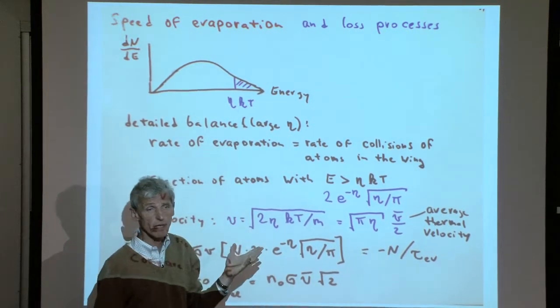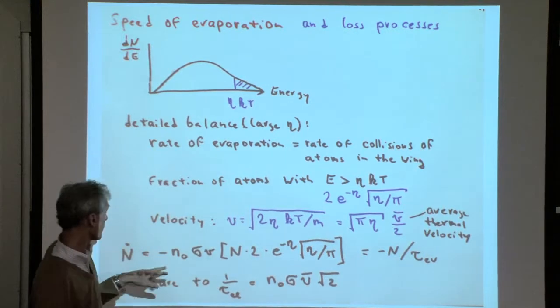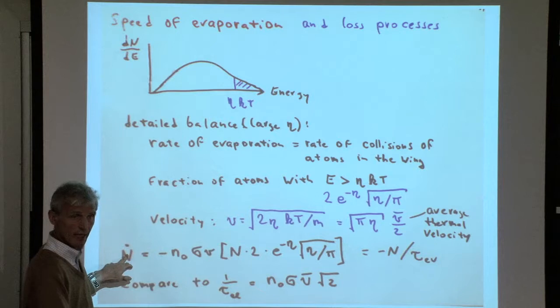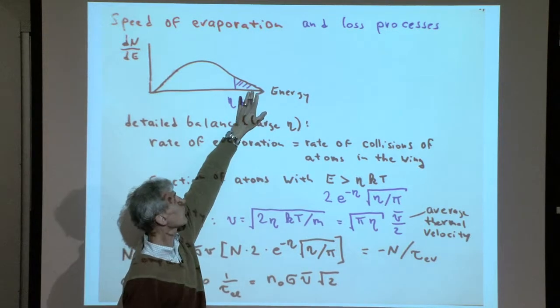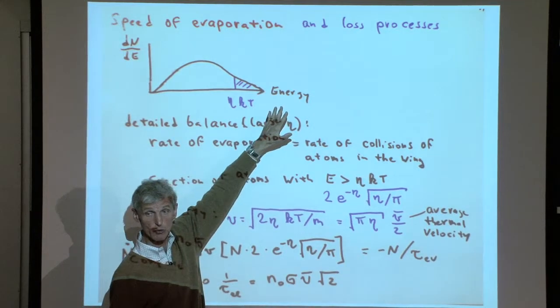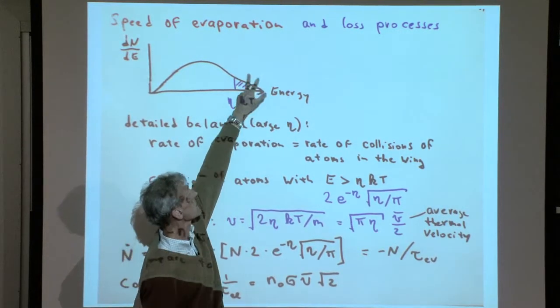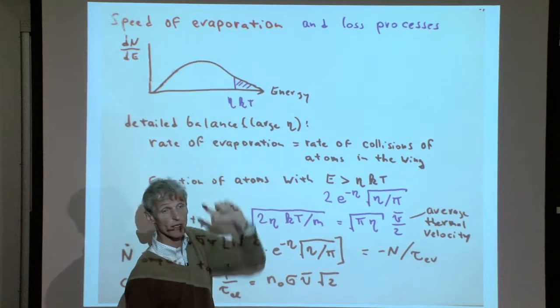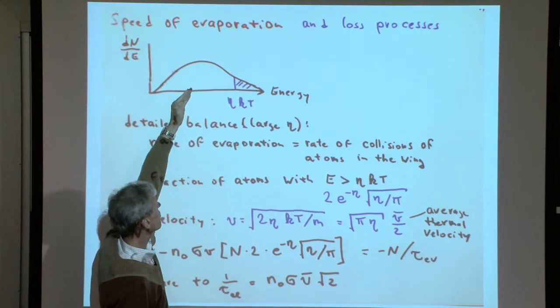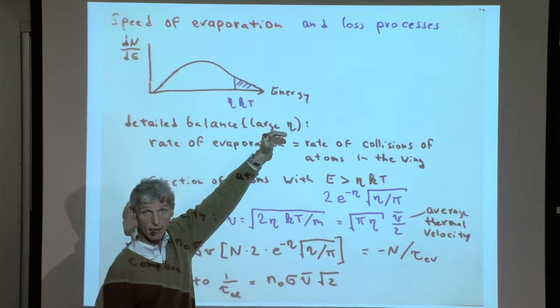And I can estimate this number of atoms fed into the tail per unit time by assuming I do not have a truncated Boltzmann distribution, I have a full Boltzmann distribution, and I simply calculate the total elastic collision rate of the atoms in this tail.